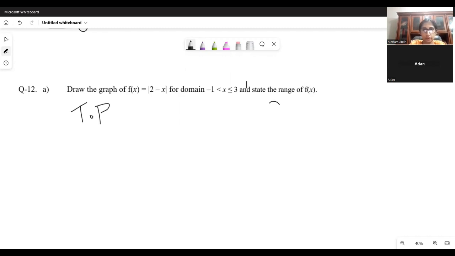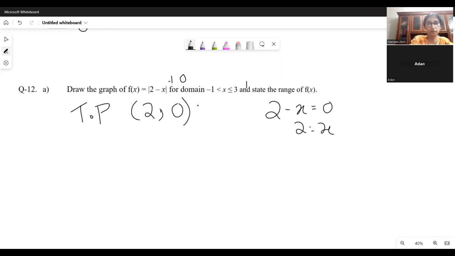No, 2 minus x is equals to 0. So 2 is equals to x. So (2, 0) is the turning point.